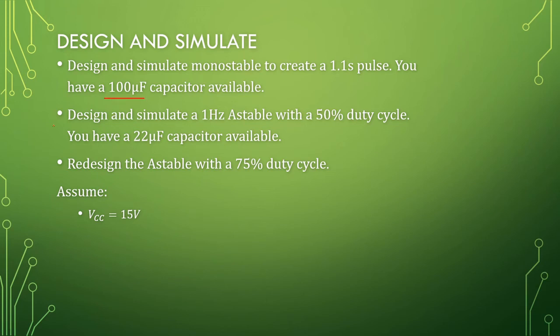The second design is a 1 Hz astable with a 50% duty cycle, and you have a 22 microfarad capacitor available. Then lastly, I want you to redesign the astable to have a 75% duty cycle. So pause the video and see if you can come up with solutions.